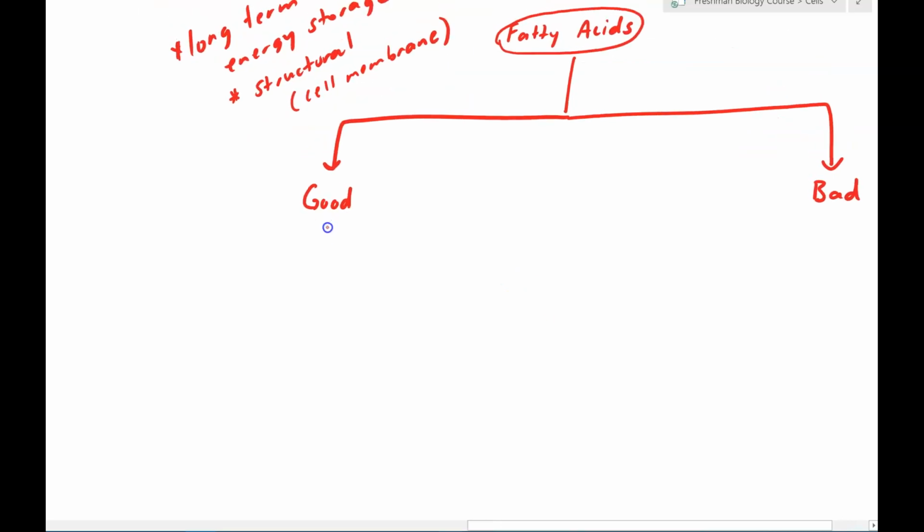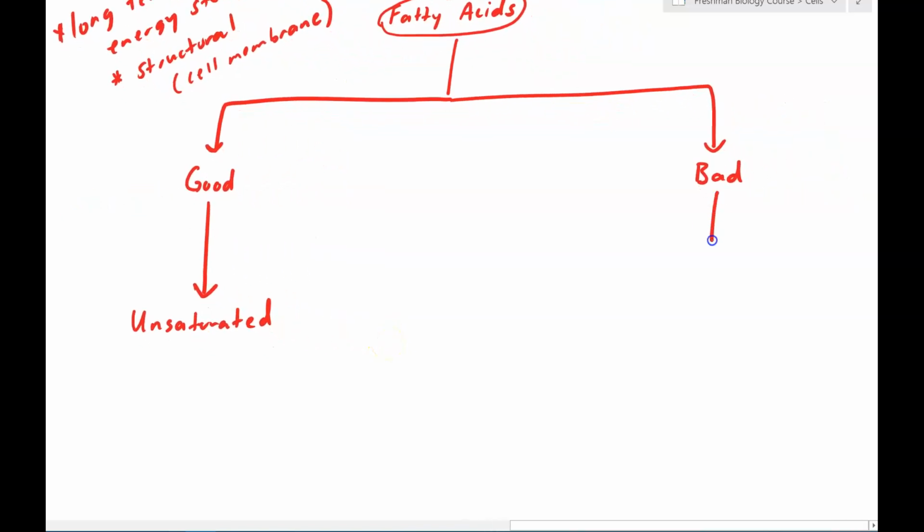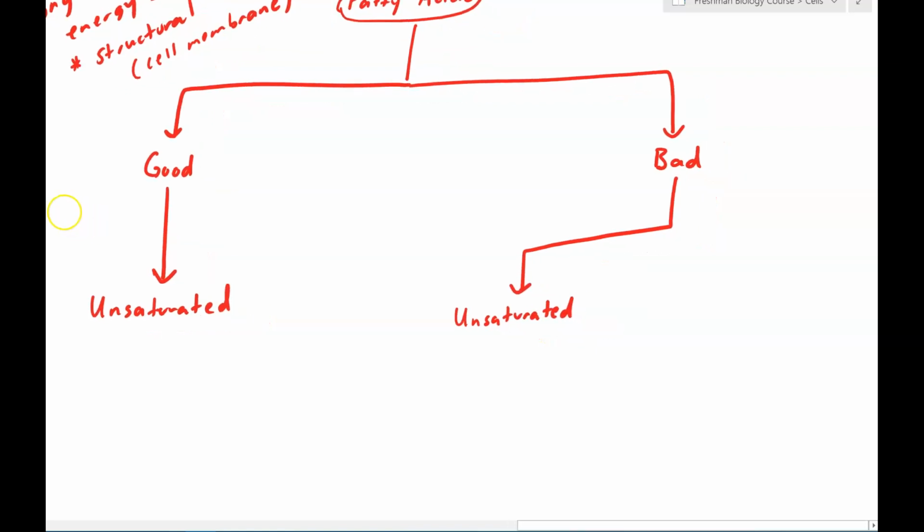And by and large, our good fats are going to fall into an unsaturated category. All right, there's going to be good unsaturated fats, and then over on the bad side, there's also going to be a bad version of unsaturated fats. You've probably seen on your food labels something called trans fat, or you might see an advertisement that says this food does not have trans fat.